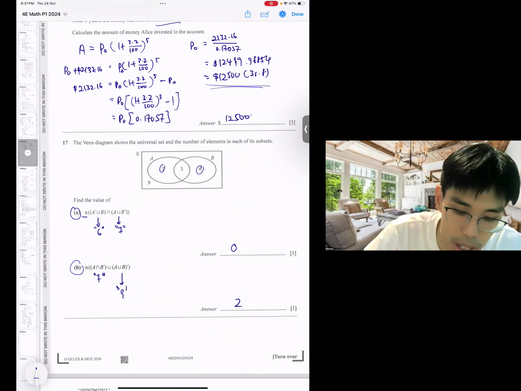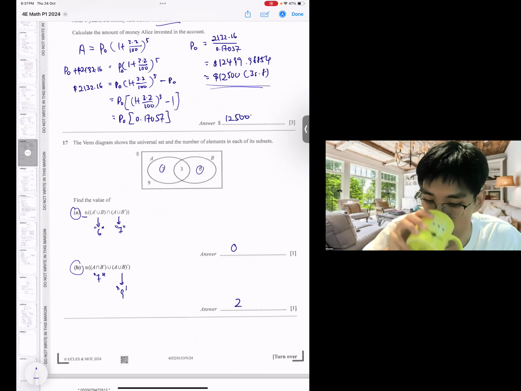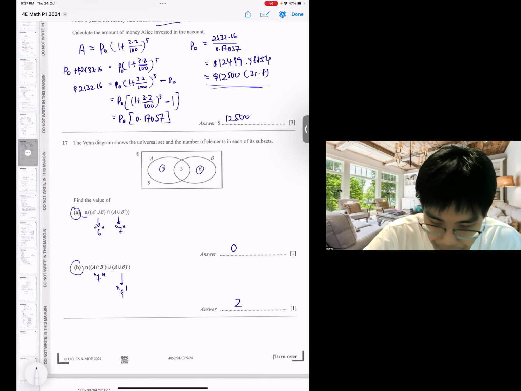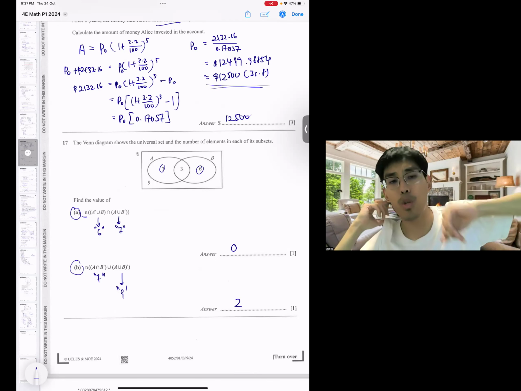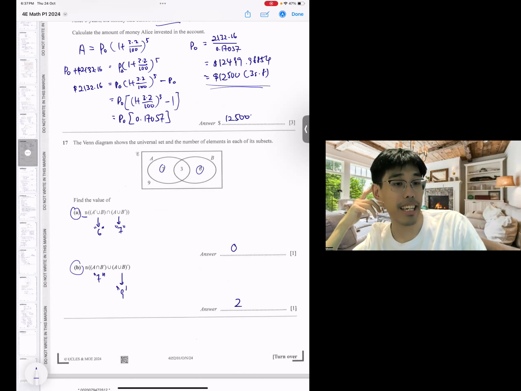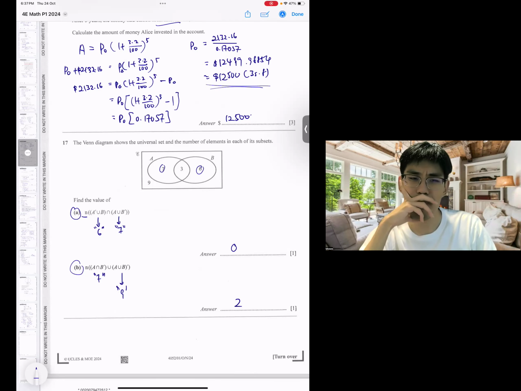A prime union B. A prime union B. What I'm a bit more confused with is the A union B prime and the A intersect B prime. I think a bit. Do they happen to be of the same element or not? B prime. 3. 3?